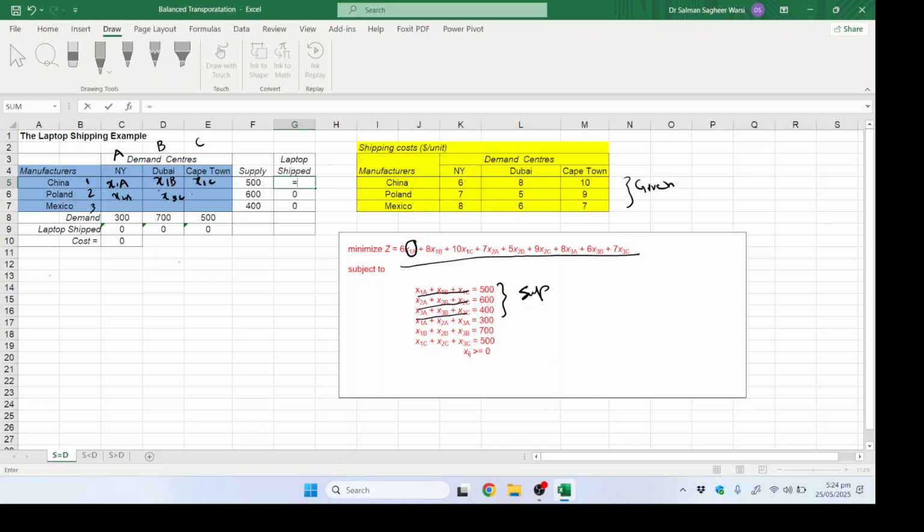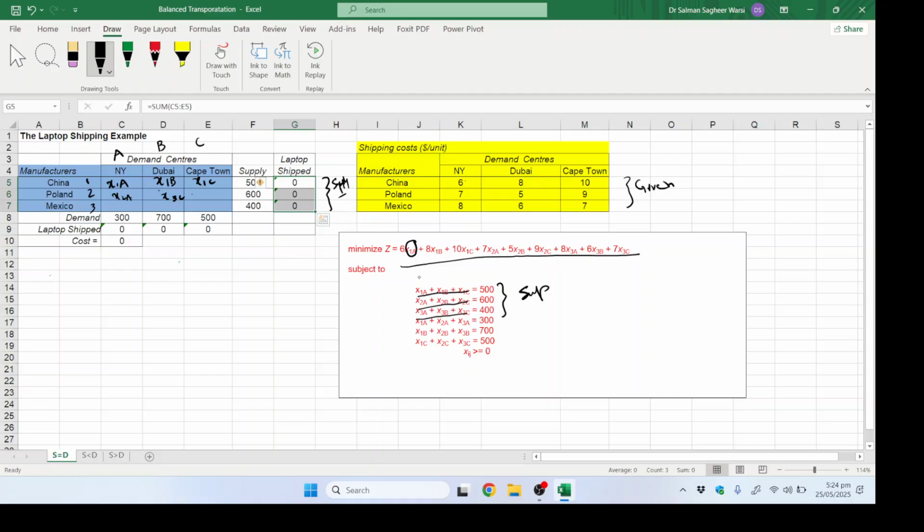So we write equal to sum of x1a, x1b, and x1c, and then enter. Then we copy it and paste it to the next two cells. Now we have put the formula of all three supply constraints for 1, 2, 3.